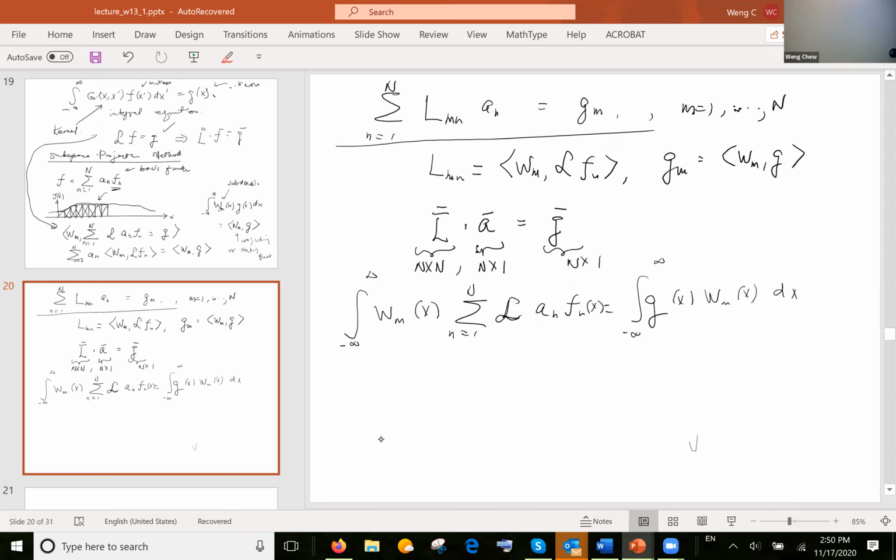And I have to keep repeating this until I have tested this equation enough. So I have to pick my m to be over many possible values so that the equations are well tested.